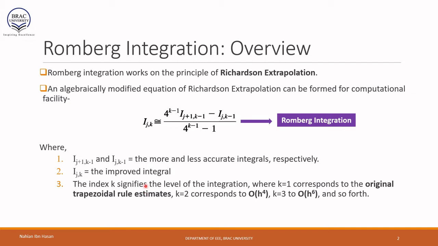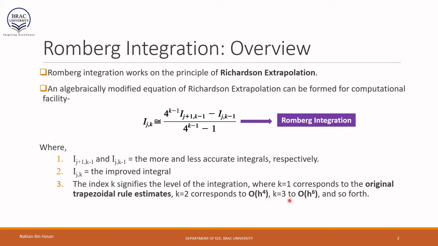The index k, which you see on each of these terms, signifies the level of integration. Okay, it signifies the level of integration. If we have k equal to 1, it means the original trapezoidal rule estimate. That means these are the preliminary results. If you have k equal to 2, that means we are going for a higher order of accuracy, that is, the order of accuracy 4.